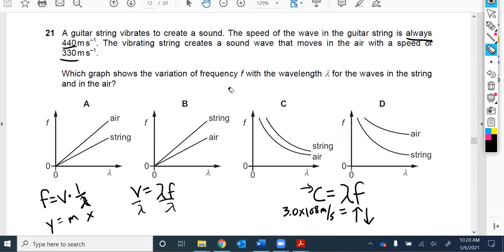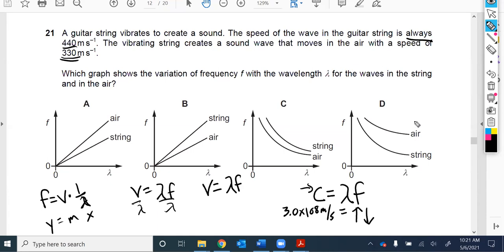I'm leaning towards C because the speed in the air is slower. Right? The speed in the air is slower, 330. So you're always going to get that speed. So let's say velocity equals wavelength times frequency.